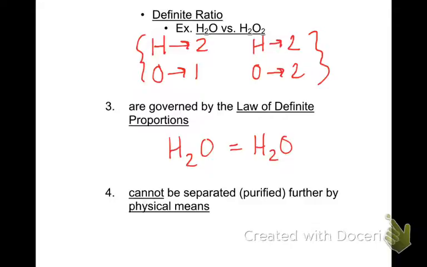Meaning, if you wanted to separate the hydrogen from oxygen, you would have to perform a chemical reaction. You can't just simply put water through a strainer or a filter paper and expect the hydrogen and the oxygen to be separated. No, because it was chemically combined, it has to be chemically separated.